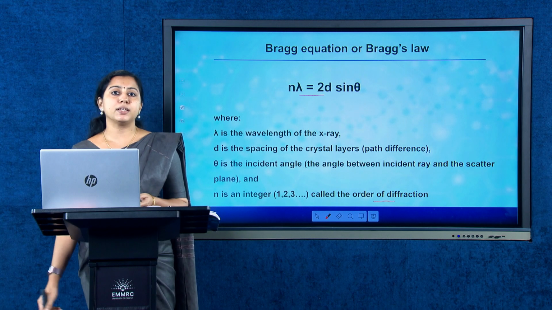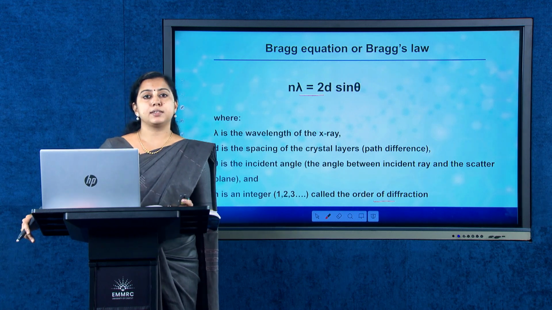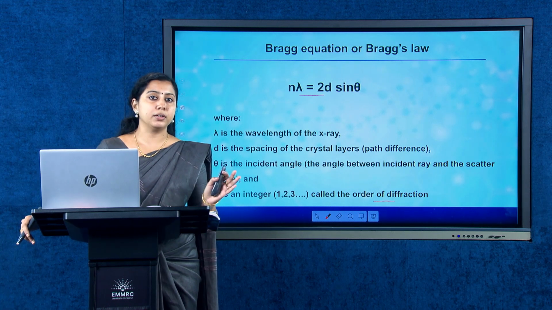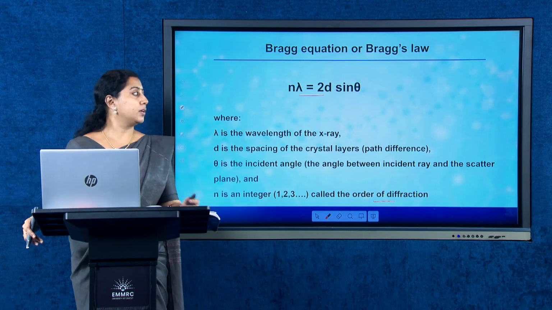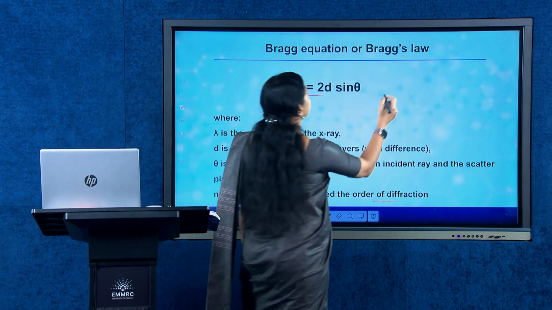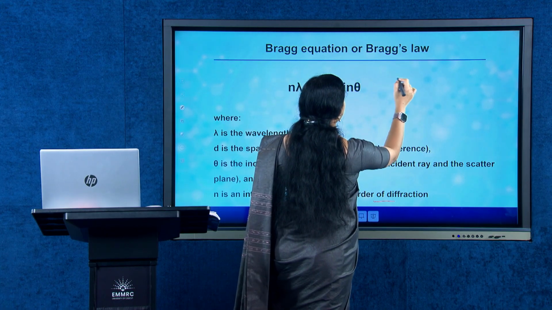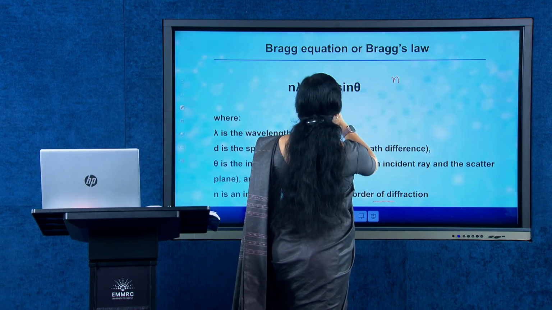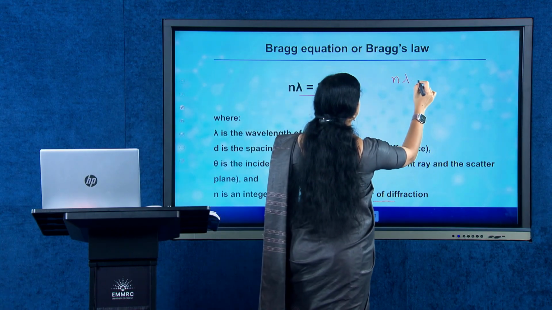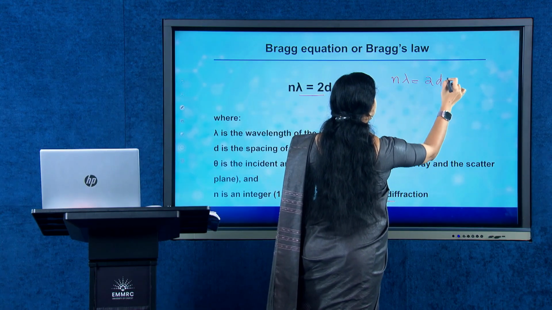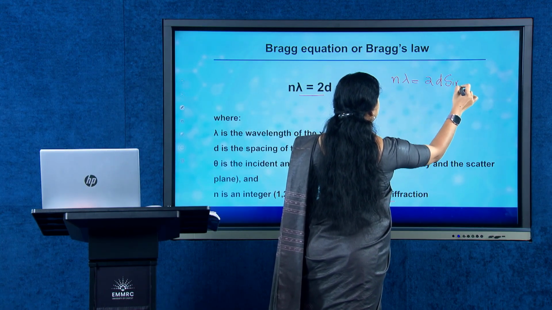Now, let us discuss a few problems based on this equation, that is n lambda equals 2d sin theta. Using this equation, not only can we find the path difference, which is n lambda, but we can also find out the other parameters as well.